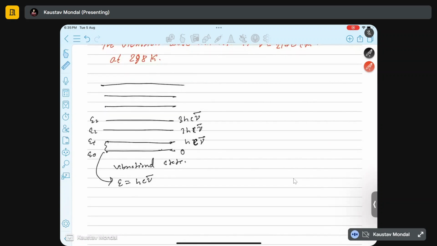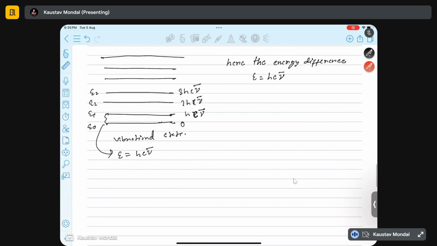So let's first calculate the energy difference. The energy difference epsilon is hc nu bar, right?